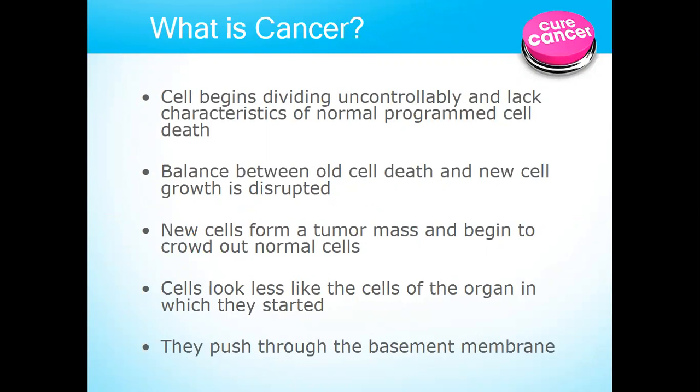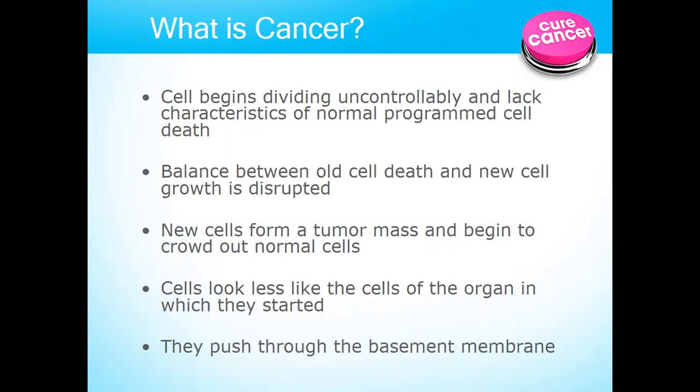The balance between the old cell death and new cell growth is disrupted. As the unchecked cell division continues, the new cells form a tumor mass and begin to crowd out the normal cells. As the cancerous tumor or mass continues to grow, the cells become wilder and look less like the cells of the organ in which they started.